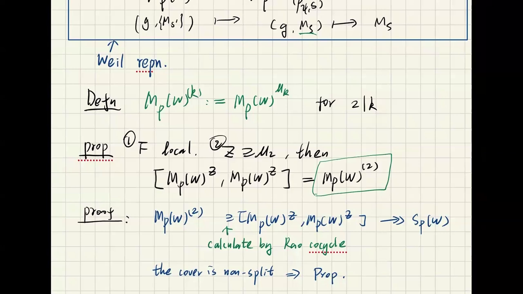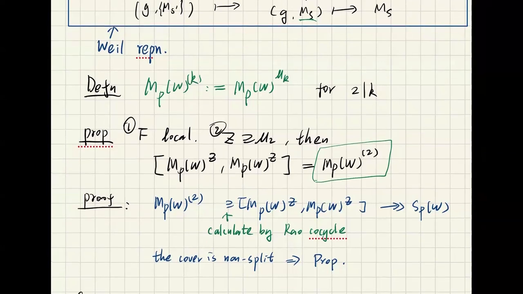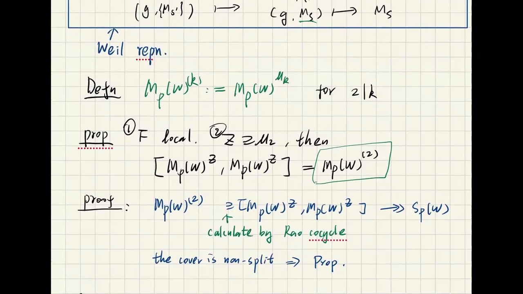Okay, the proof is very simple. Certainly MPW is the center times MPW2. Physically, as a subgroup, it looks like this.